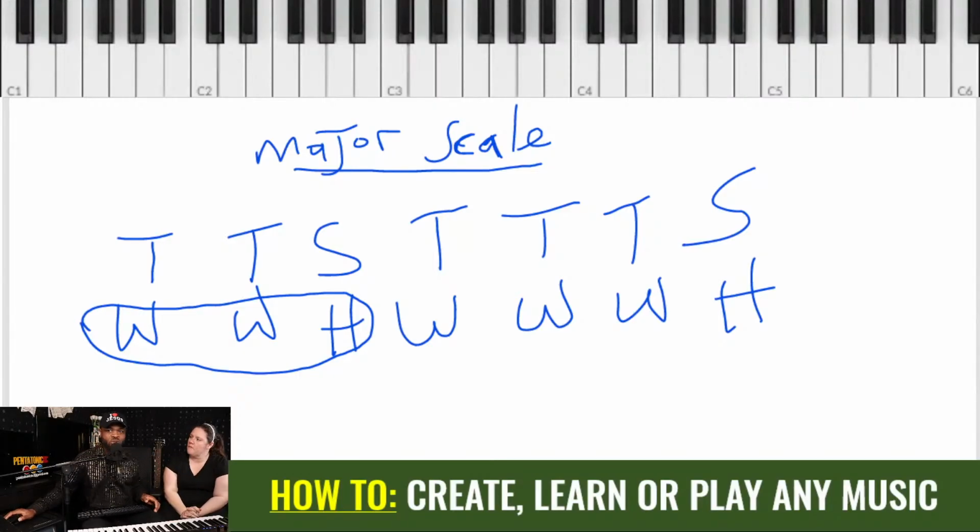All right. So now let's look at G major scale. Starting point, then 1, then 2, then half step, then 1, then 2, then 3, then half step.